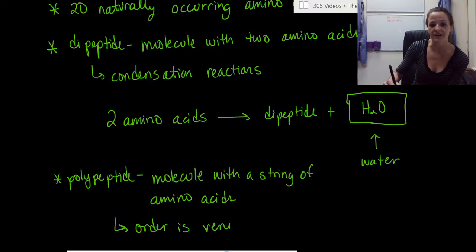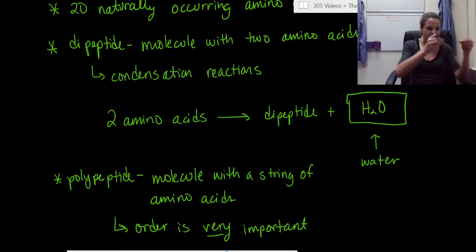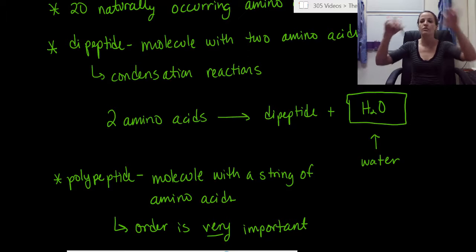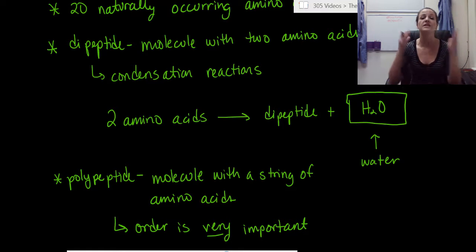It is very, very important because we have a string of amino acids built up in a specific order to create a very unique polypeptide. Let's say we have a polypeptide that has 20 amino acids. If we move amino acids 17 and 18 and just switch them around, you've created a completely different polypeptide. So the order that it is built in is very, very important.